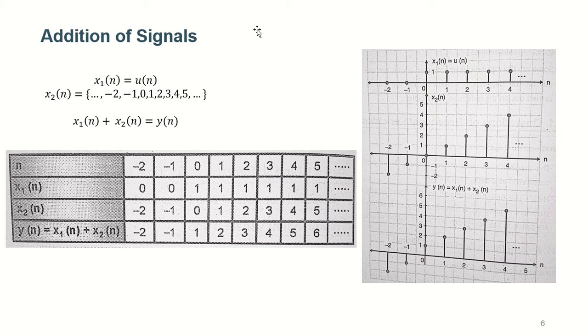And the plot of u of n has been shown with this graph. You can see samples taken at an interval of one time step, and the value of all those samples is constant 1.